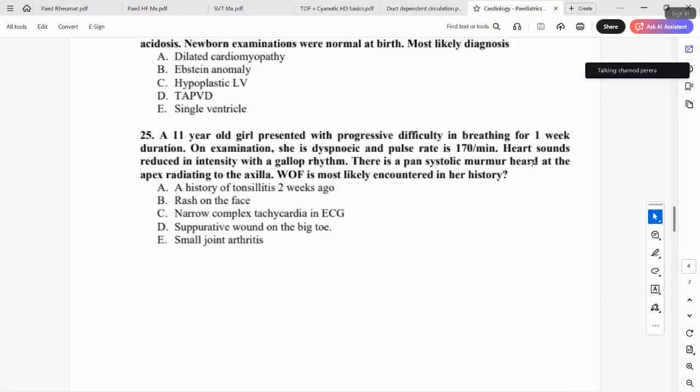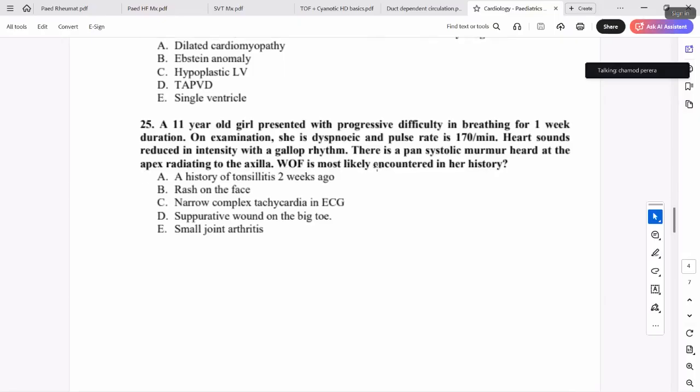Pansystolic murmur, so this mitral regurgitation is a valvulitis, which is a manifestation of endocarditis, and myocarditis is going to give rise to the heart failure, and pericarditis is going to give rise to a pericardial effusion, thereby causing heart sounds with reduced intensity, right? So once you work out that this is rheumatic fever, the likely thing encountered in the history is a history of tonsillitis 2 weeks ago, right?